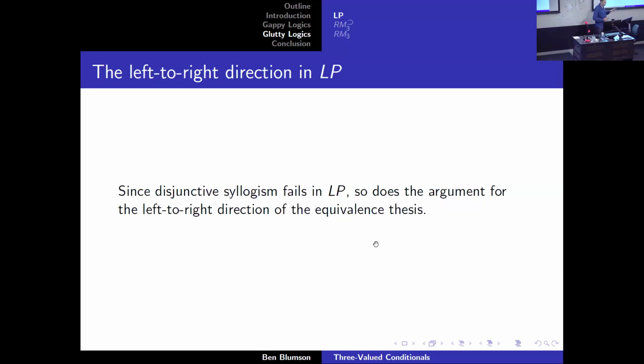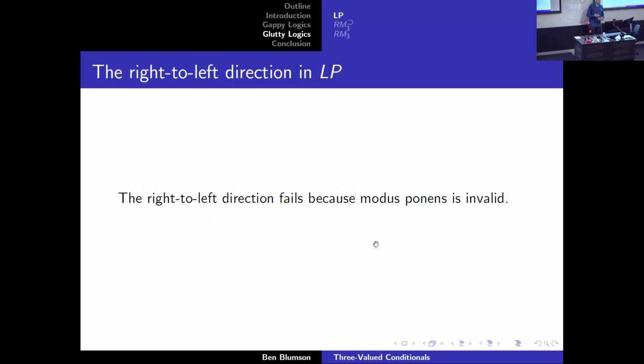So the first half fails because disjunctive syllogism is invalid in LP. In the case where not A is both, okay, then not A or B is both, A is both, but B could still be false. And the right to left direction also fails because modus ponens is invalid if we adopt this truth table.